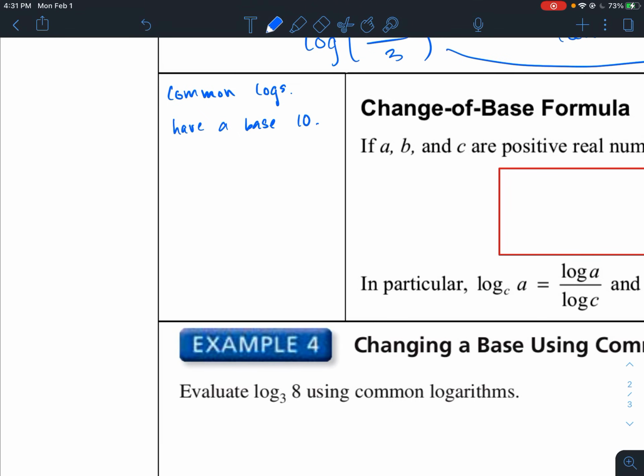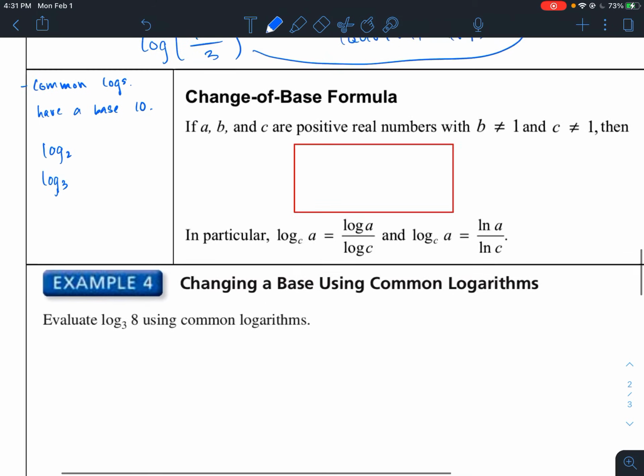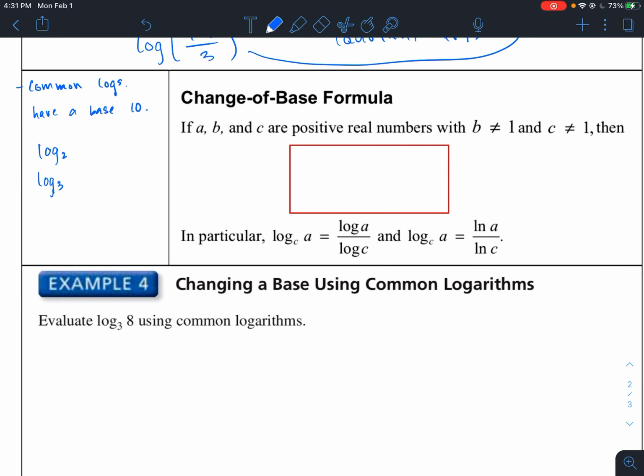And I told you that because of that, if you ever had a log of 2 or a log of 3, you couldn't evaluate these in your calculator. Well, I actually did lie to you there, because you can. And that is by using the change of base formula.